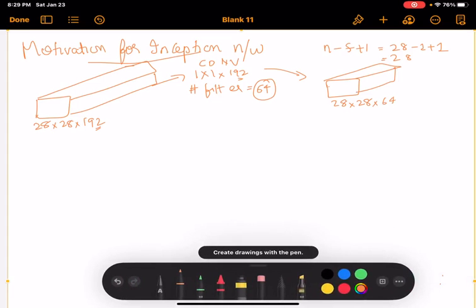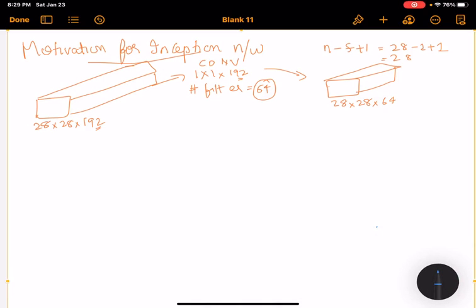Now, suppose that I also wanted to try a 3 cross 3 convolution, and since I wanted to have the NH and NW of my output same as the NH and NW of my input, which is 28, 28, I need to use padding equal to same.